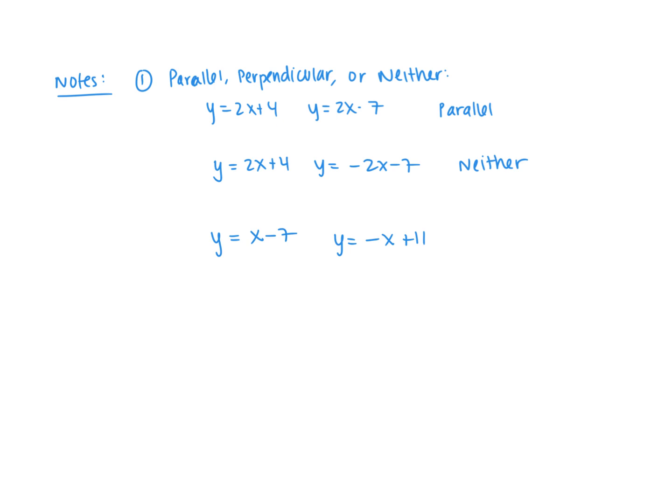Okay, so what is our slope for this first line? 1. What is our slope for the second line? Negative 1. Are those opposite? Yes. Are they reciprocals? What is the reciprocal of 1? Just 1. So these are opposite reciprocals. So these are actually perpendicular.